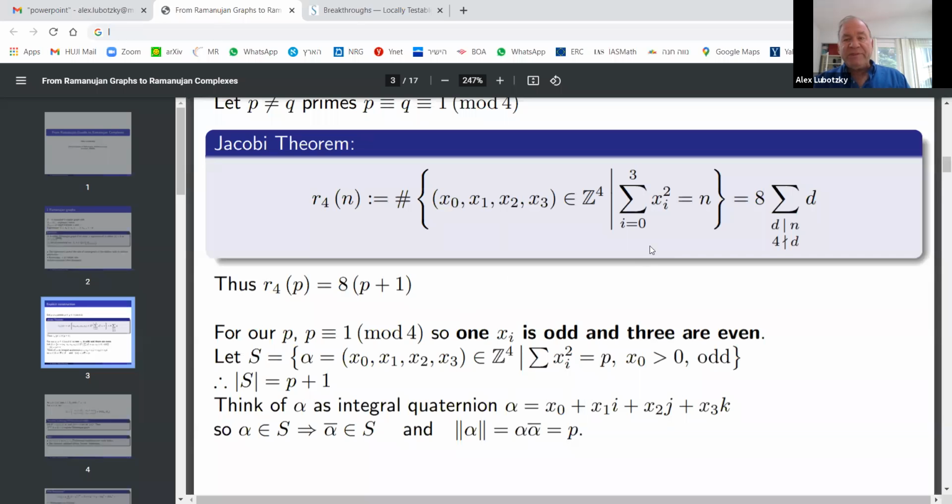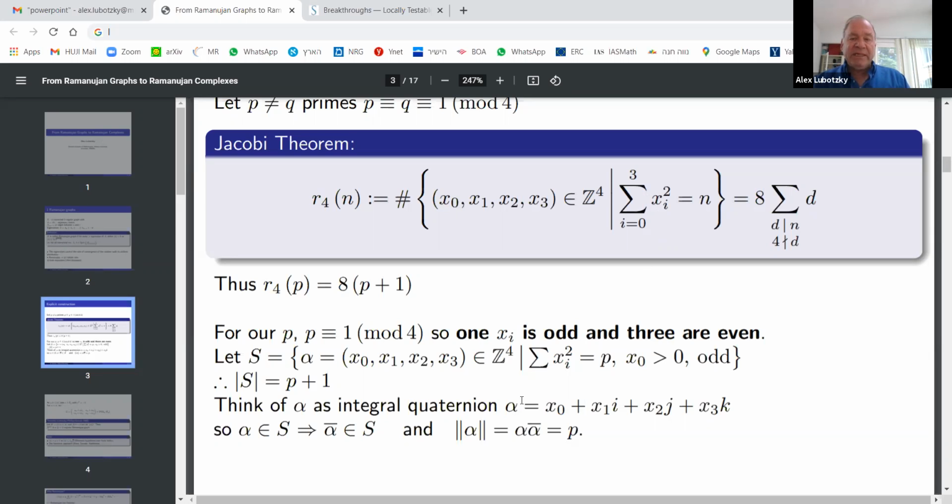Now, every square, as we know, is congruent to either 0 or 1 mod 4, so a sum of 4 squares equal to 1 mod 4 must have one of the x_i odd and the 3 others even.